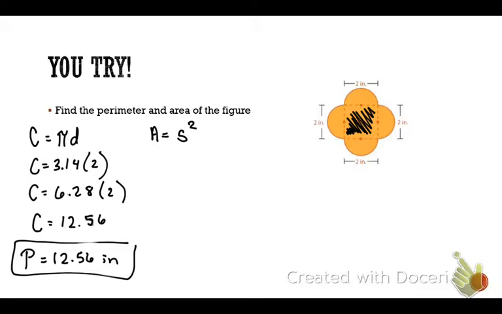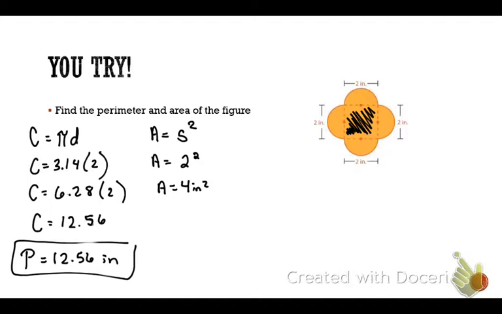So you take one of the sides and you square it. You could also do length times width, but it's going to be the same number because all of the sides of a square are the same. All right, so A equals 2 squared. So the area of the square is 4 inches squared.